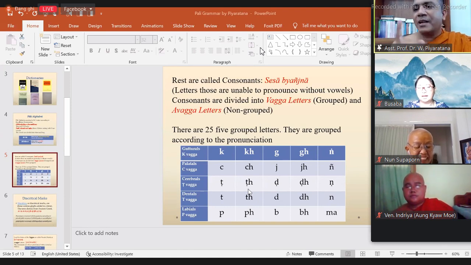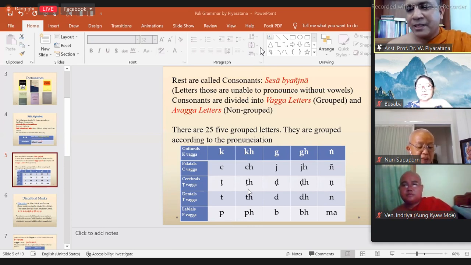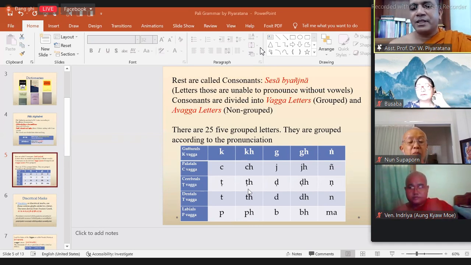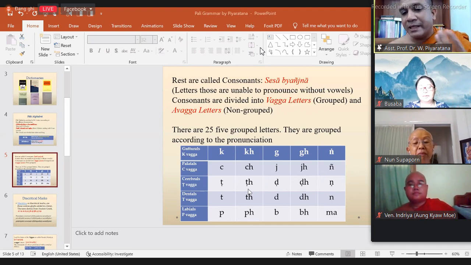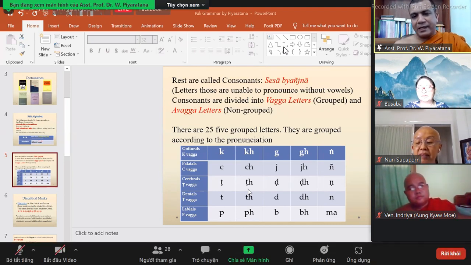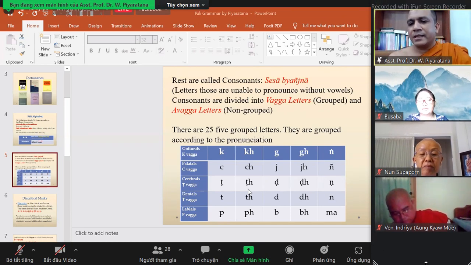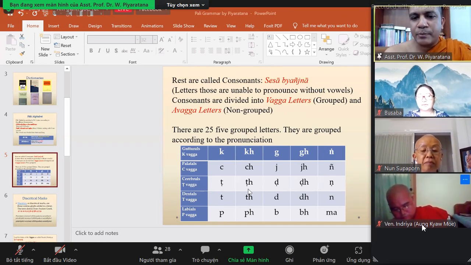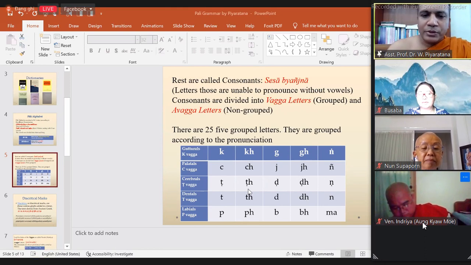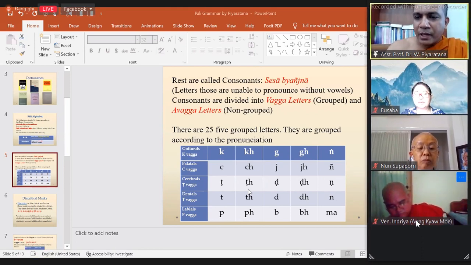I'm sure that in the Thai alphabet it is also the same, but they use additional words to make it easy to remember. The letters are exactly the same as the Pali alphabet, I mean the pronunciation.